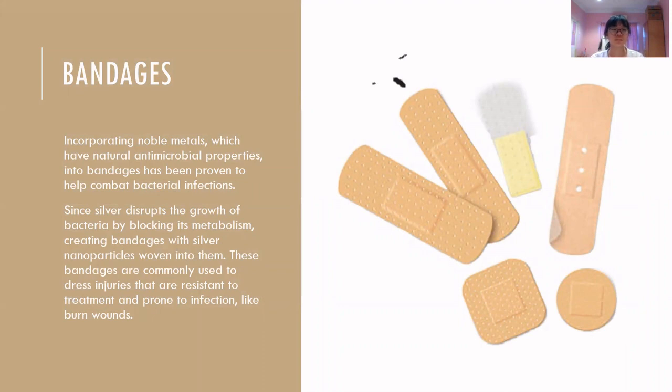Since silver disturbs the growth of bacteria by blocking its metabolism, bandages are created with silver nanoparticles woven into them. These bandages are commonly used to dress injuries that are resistant to treatment and prone to infections, like burn wounds.